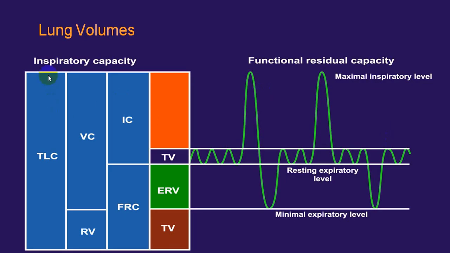These are the different volumes which you can study in physiology: total lung capacity, vital capacity, residual volume, inspiratory capacity, functional residual capacity, tidal volume, expiratory reserve volume. This is minimal.